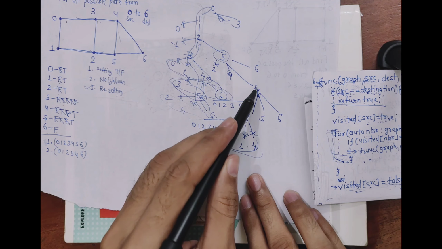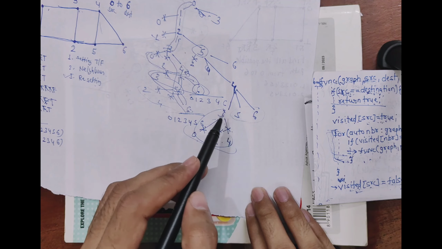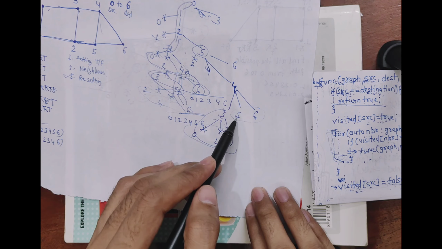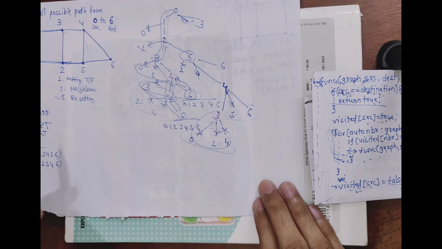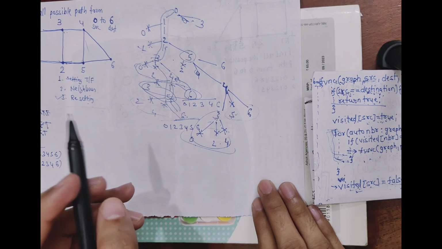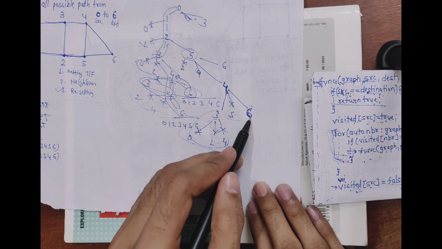Now we will go to this 4 again. Now we will do the recursive call on the remaining neighbor that is false. Check 5 is true, we can't do anything in this part. 6 is false, yeah, we will do a recursive call making 6 as a source node.